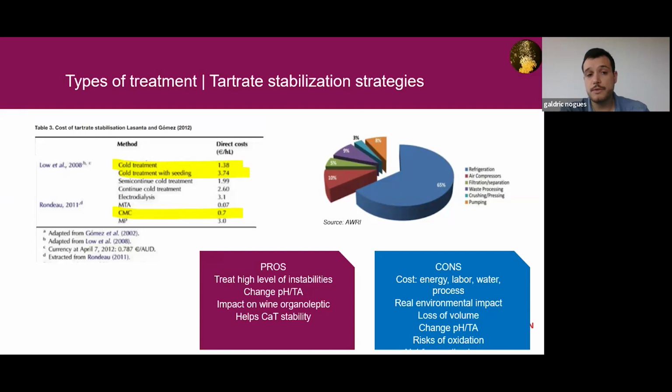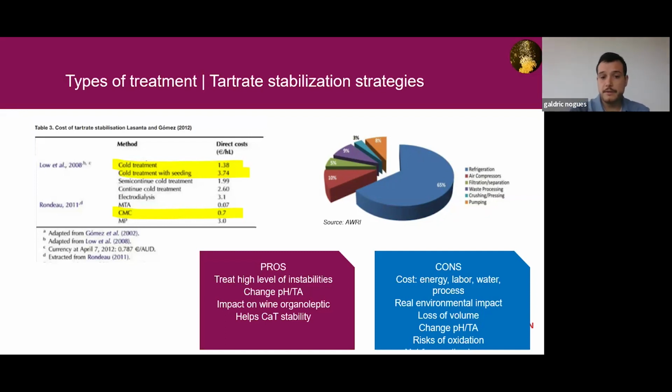You can see that the cold treatment and the cold treatment with the addition of seeding, so potassium tartrate, is pretty expensive compared to MTA or CMC, for example, which is pretty much half of the cost of a cold treatment. And this study is from 2012, so basically 10 years old. So I guess today the scale would be kept, but the cost per hectoliter would be a bit higher.